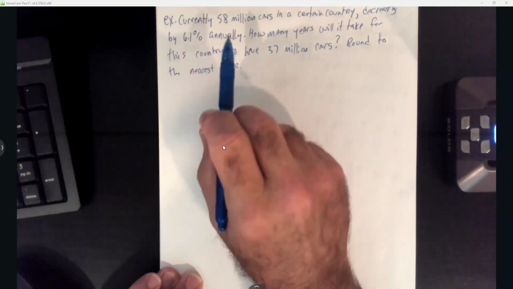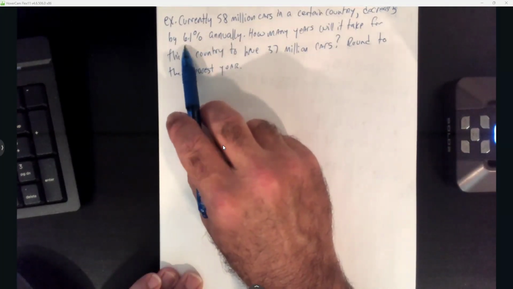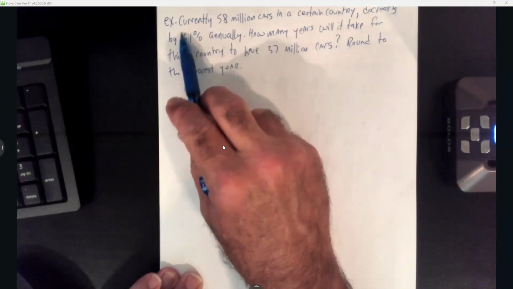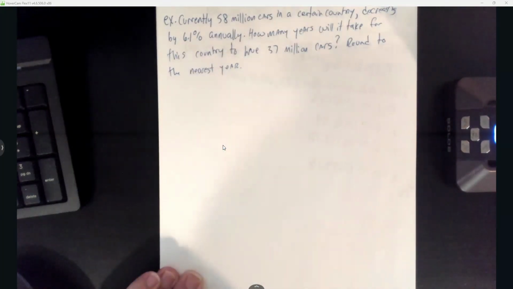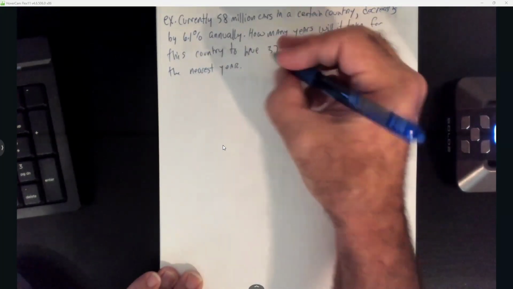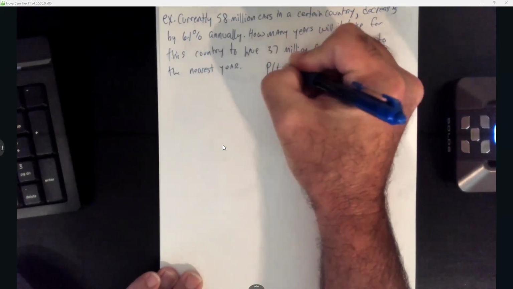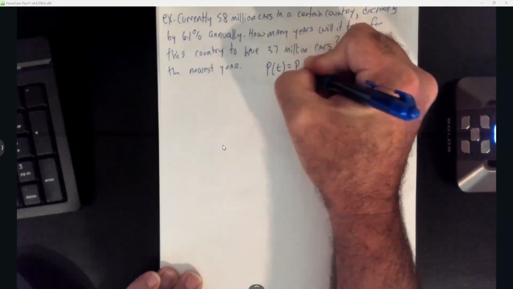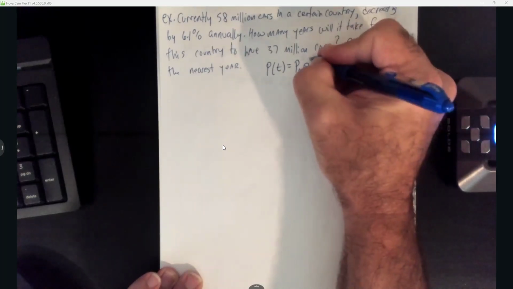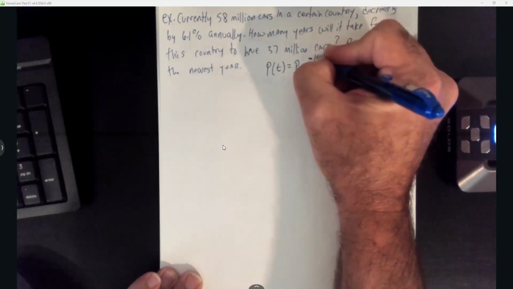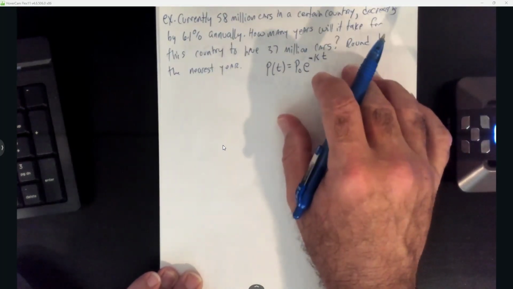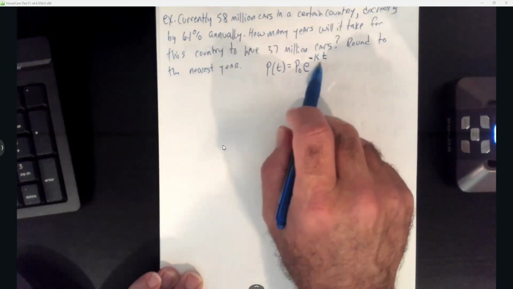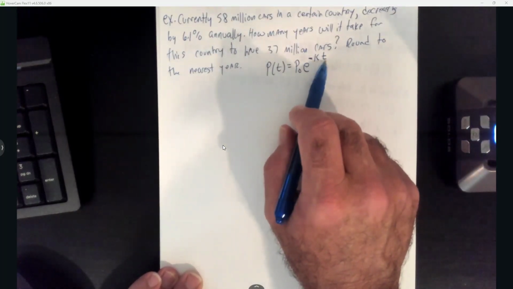So y'all, here's one thing on this one. This one is decreasing. So when it's decreasing, your K will be negative when you put it into the formula. So it's pretty much the same formula. P of T equals your initial amount times E. But since you're decreasing, your K will be negative when you plug it into the formula. Now, they're wanting the time it takes.